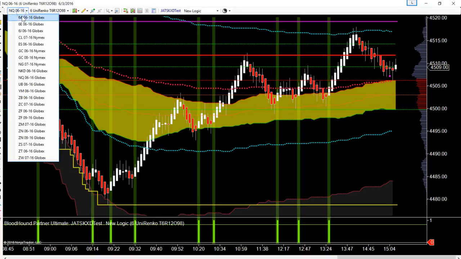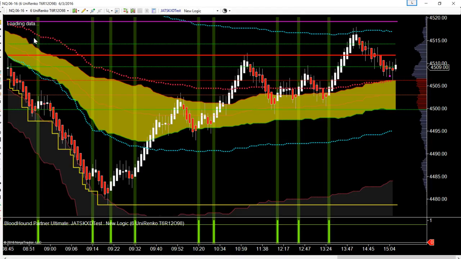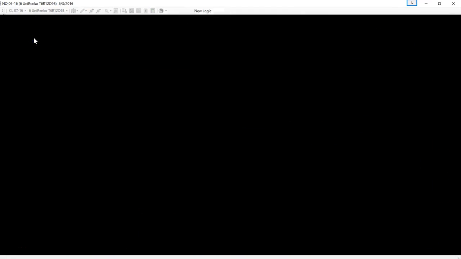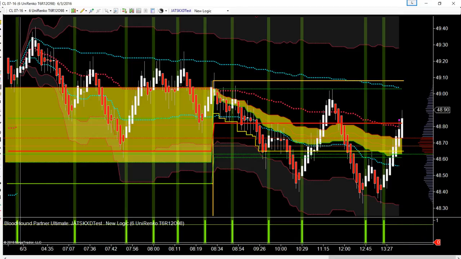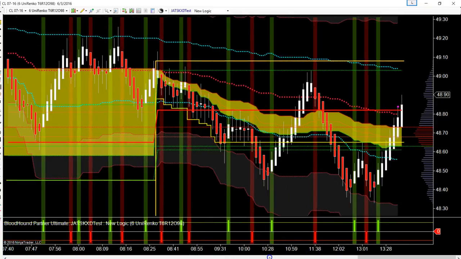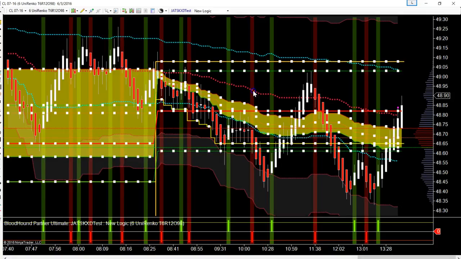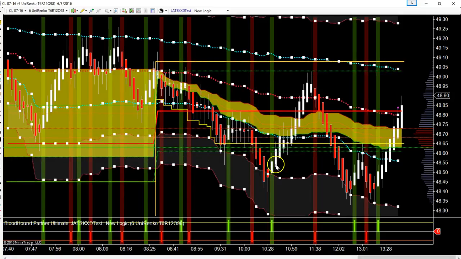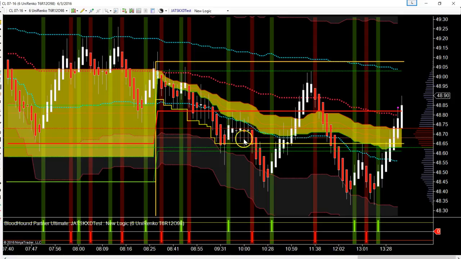So for instance, on crude oil, open this back up. Do you see how wicky this is? Anytime you see a market that's just printing nothing but wicks, you want to stay out of it.